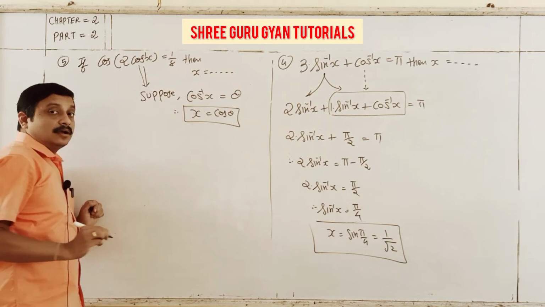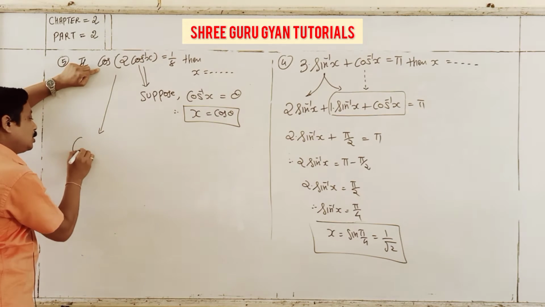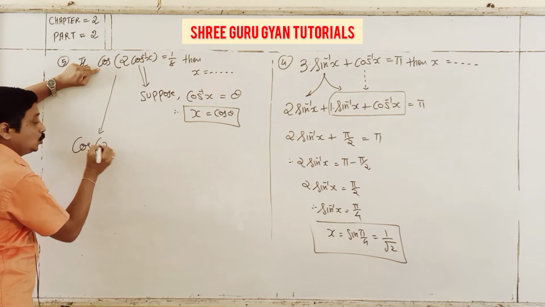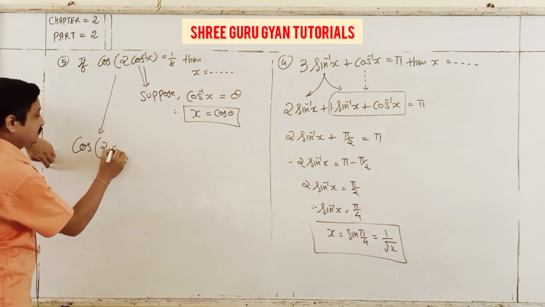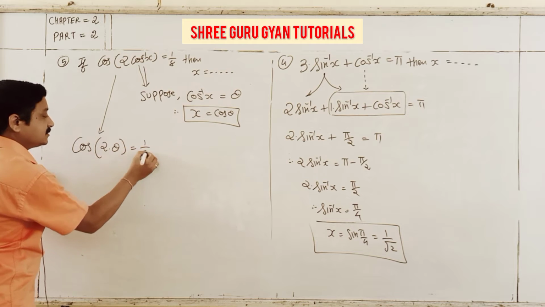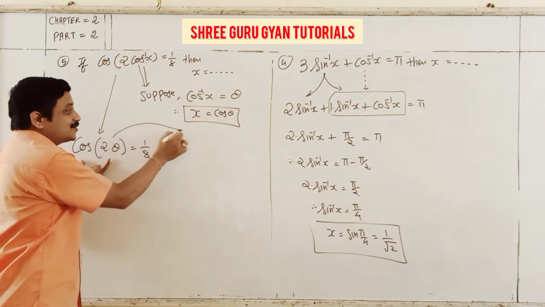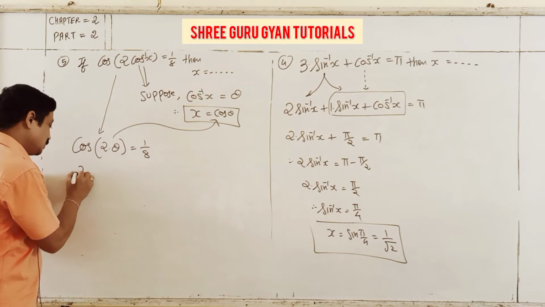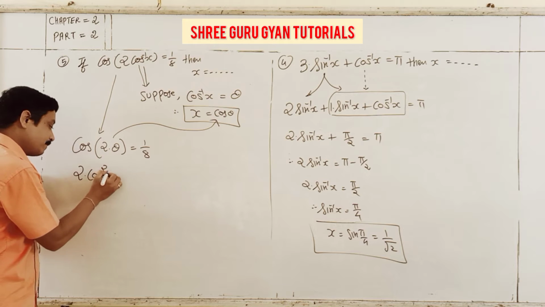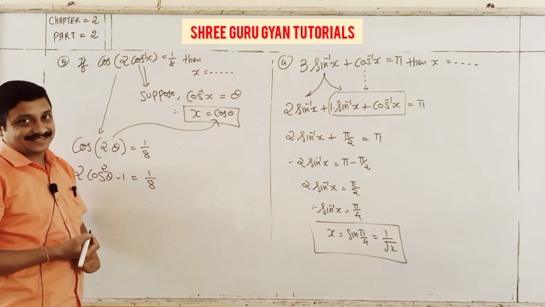Now our target: cos 2 theta becomes 1 by 8. Now the cos 2 theta formula in terms of cos is the known 2 cos square theta minus 1, and 1 by 8 is as it is.